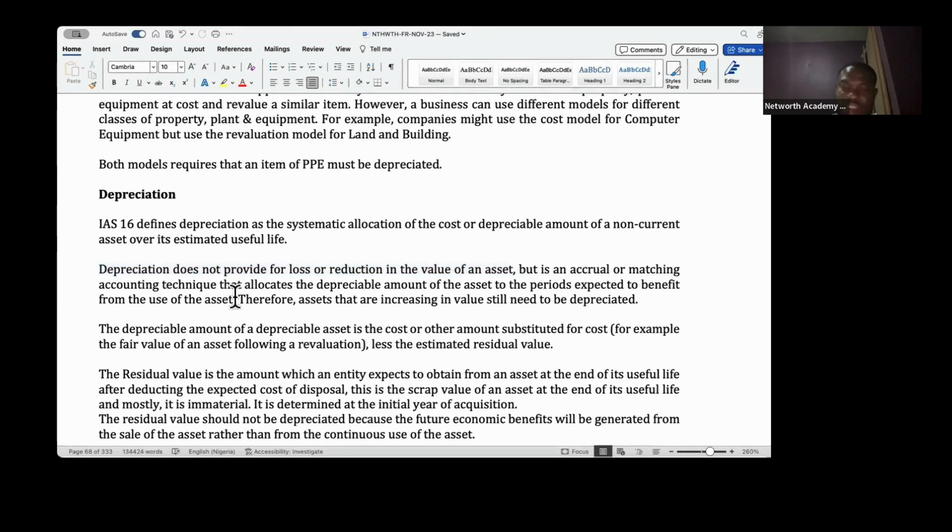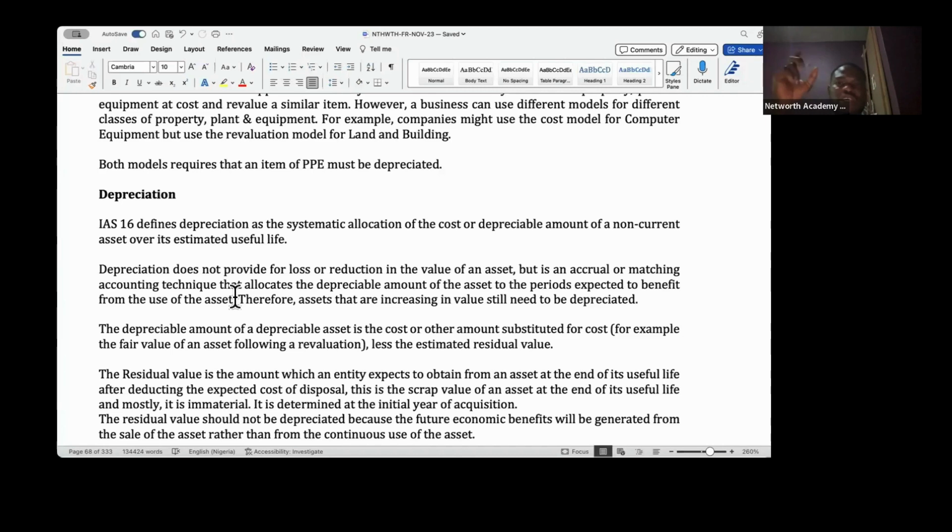What that means is that when you incur a cost on an asset, you already know that before that asset can be a PPE, it must be held for use for more than 1 year. Since this asset will be used for more than 1 year, it means that we are going to enjoy benefit on this asset for so many years.